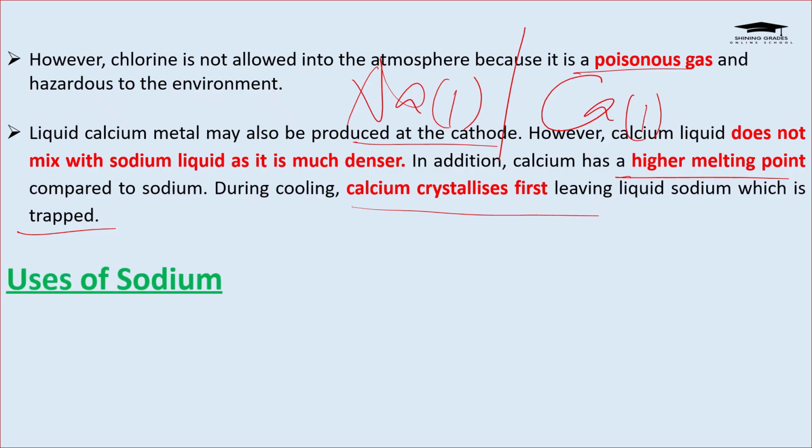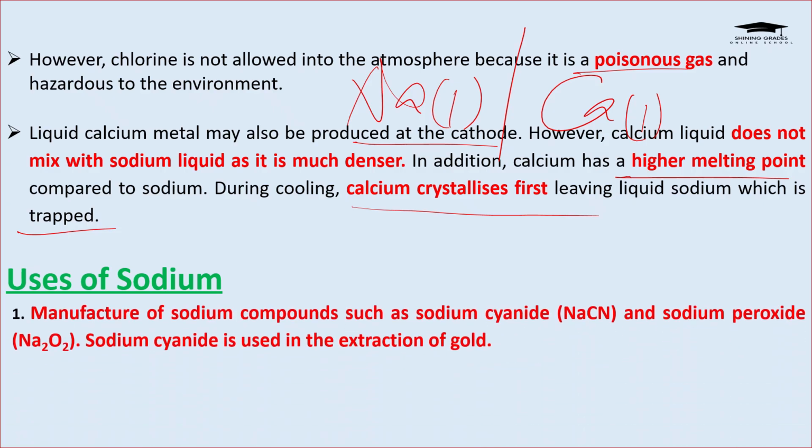Let's now, learners, move to the uses of this metal, because anytime we extract a metal, we extract it with an aim of subjecting it to various uses. So why do we have to extract sodium? Uses of sodium.